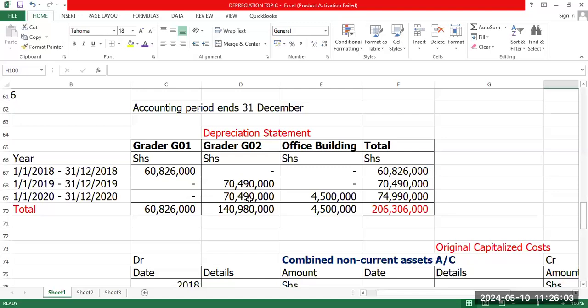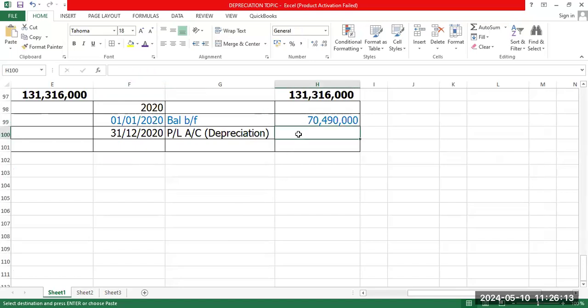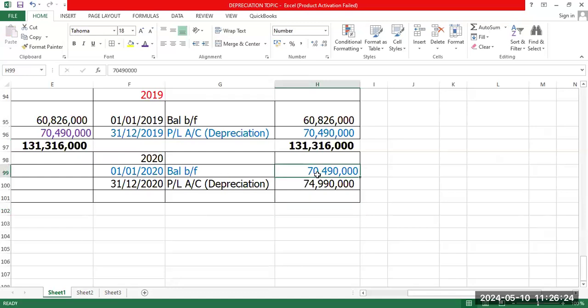This is 2020. Then the total depreciation is this one. So we pick this value. You see here, we are starting this year with this as our accumulated depreciation. But remember, in this year 2020, there is also another depreciation. And this depreciation we are talking about combines depreciation for all other assets.